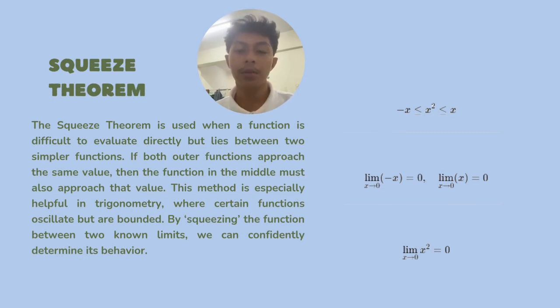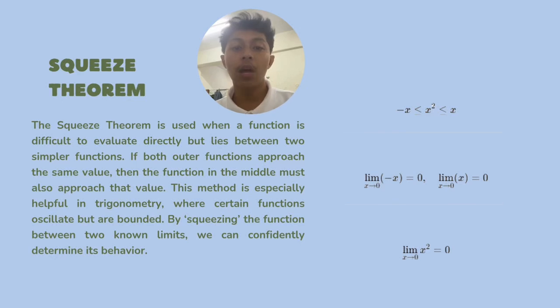The concept is simple. If you can trap your difficult function between two simpler functions, an upper one and a lower one, and both of these simpler functions are heading to the same value, then your middle function has no choice but to go there too.